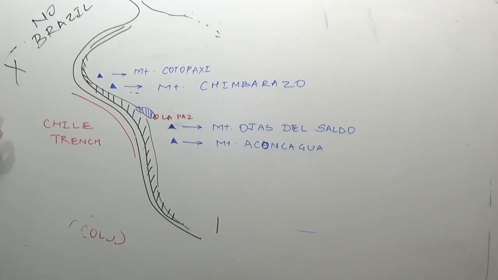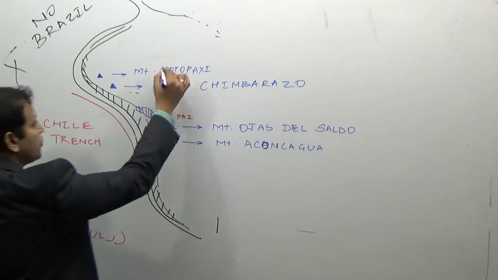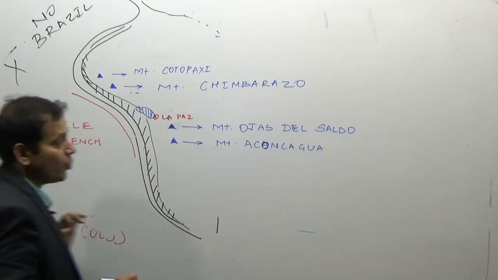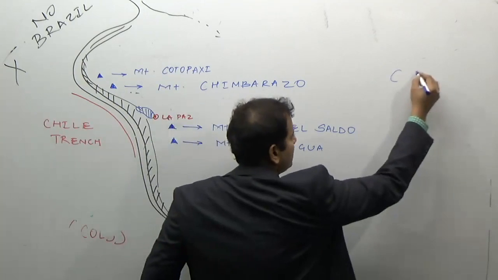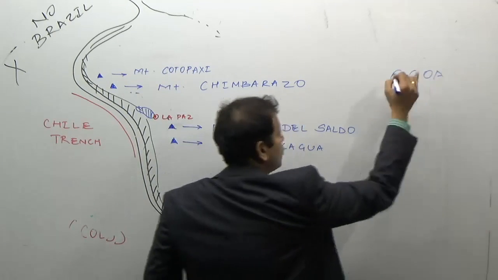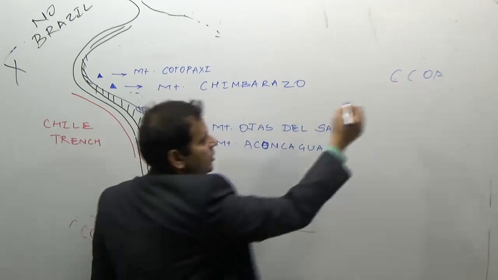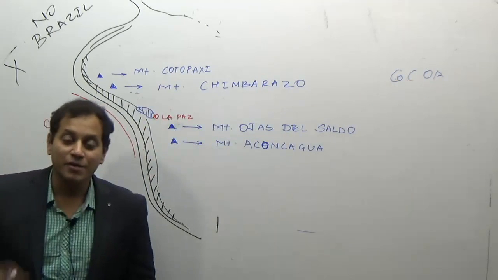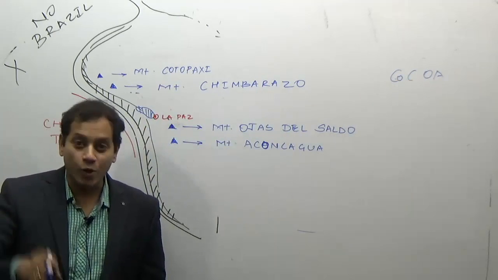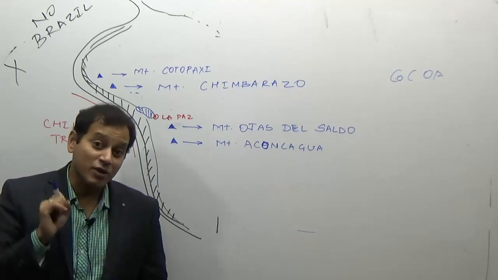Now these are from north to south. If the question comes, you remember CCOA. The code word you remember is CCOA, that is Mount Cotopaxi, or COCOA. Cocoa, you remember. Now remember, Latin America is famous for cocaine. The cocaine drug is one of the biggest problems here.